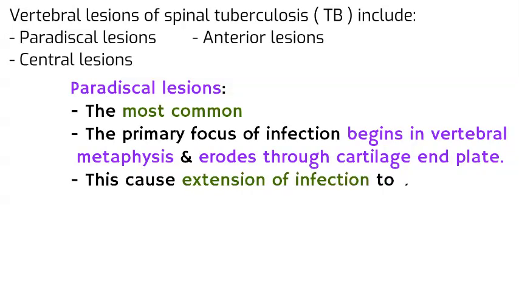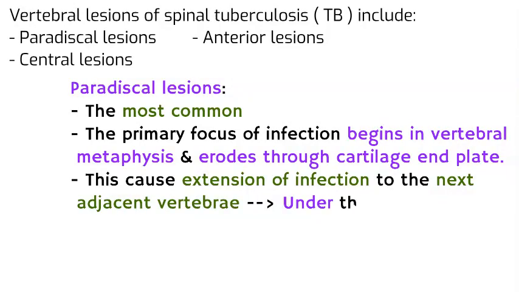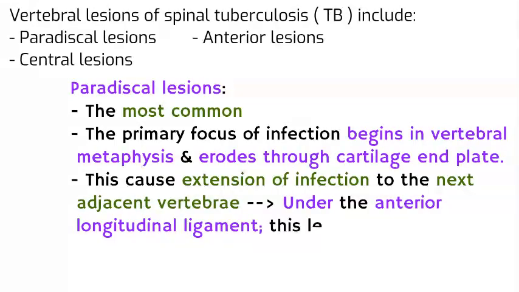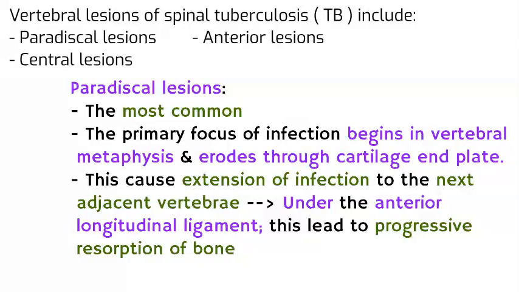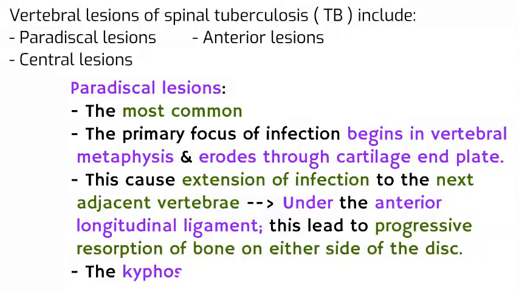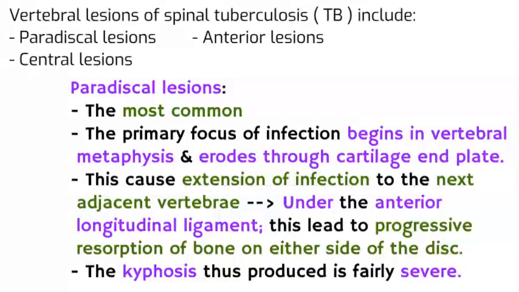This causes extension of infection to the next adjacent vertebrae under the anterior longitudinal ligament. Thus, this leads to progressive resorption of bone on either side of the disc. The kyphosis thus produced is fairly severe.